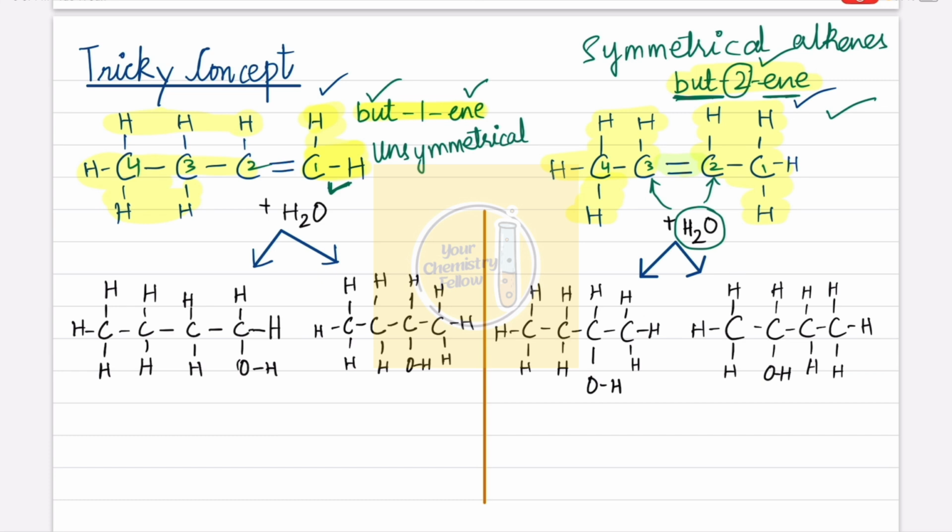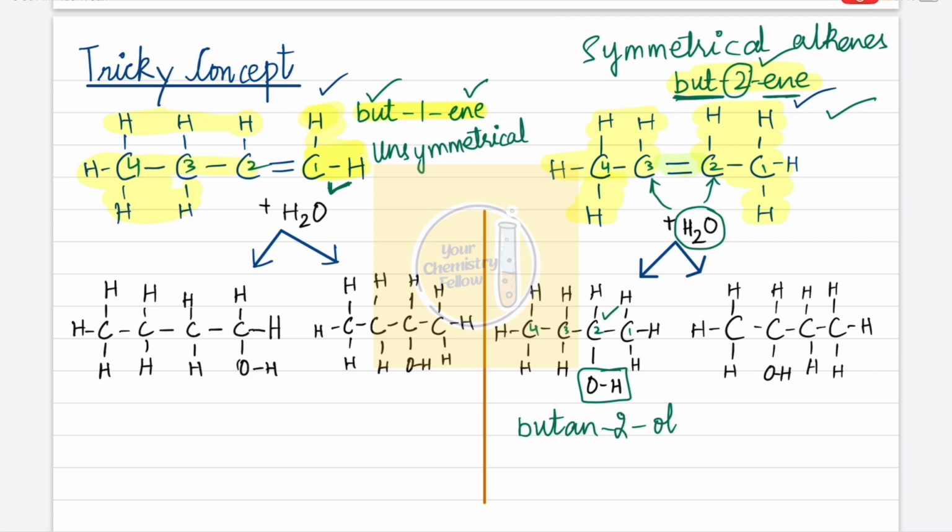If it is added to the second carbon atom, what will be the name of the alcohol? 1, 2, 3 and 4. A 4 carbon alcohol is formed, so it will be butane and the suffix will be ol. Now, what is the position of the functional group? It is present at carbon number 2. So the name of the alcohol will be butan-2-ol.